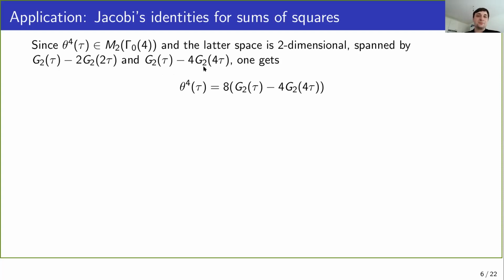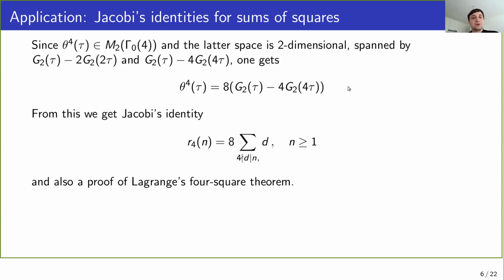So some simple linear algebra shows that one must have this identity. And if you write out what this means for the sequence R4 of n, it's an identity due to Jacobi, which is more or less the way he derived it.